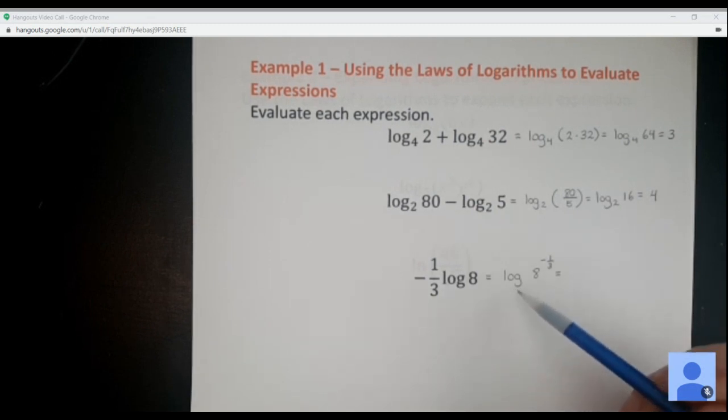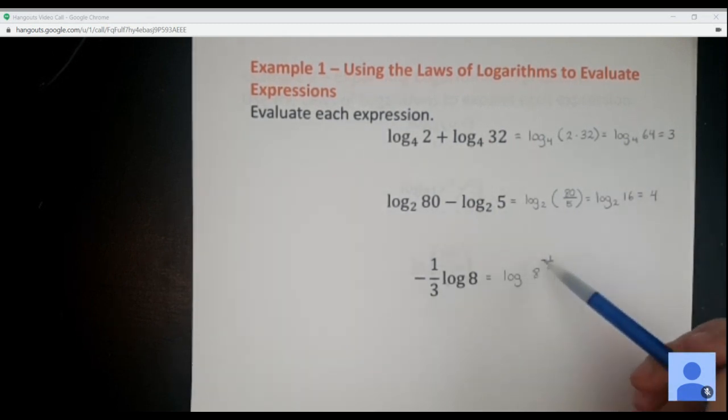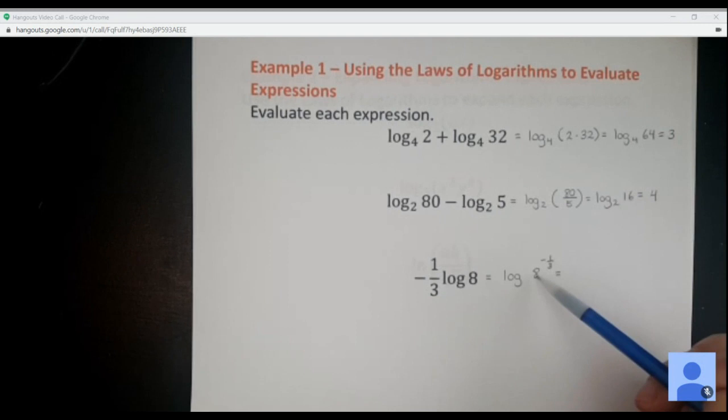All right, so now that we've got this, let's see if we simplify what's inside this log now. So what could we do with 8 to the negative 1/3?